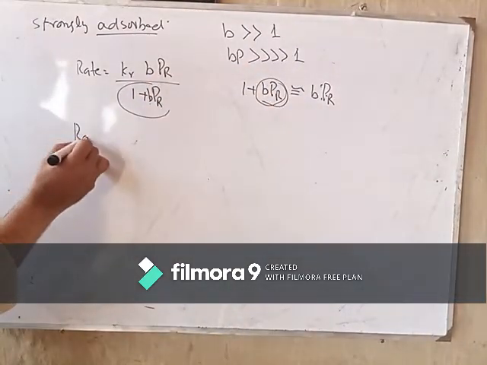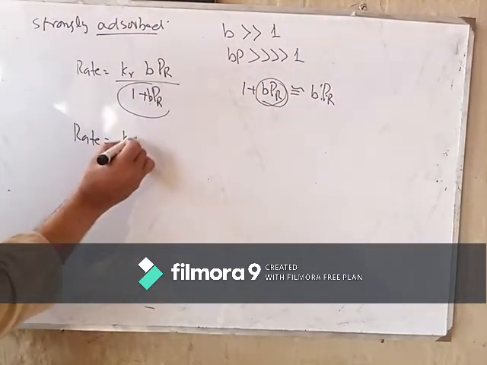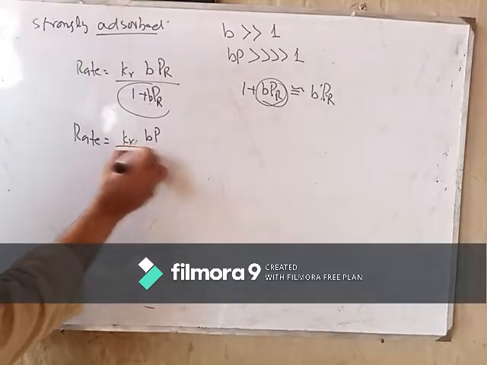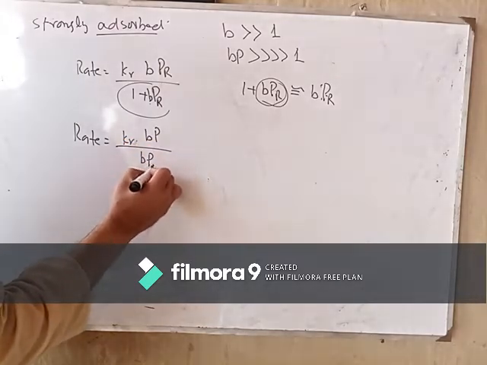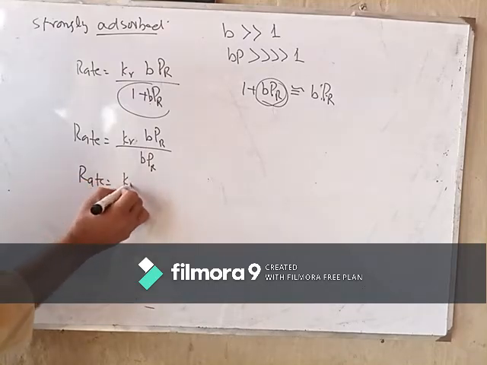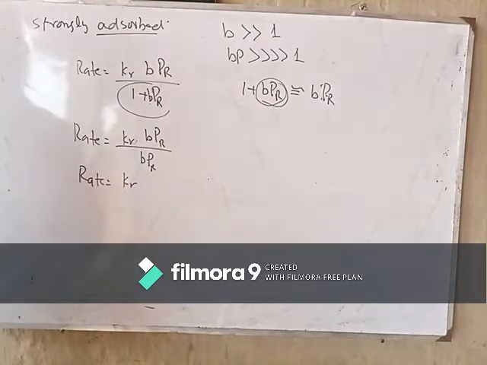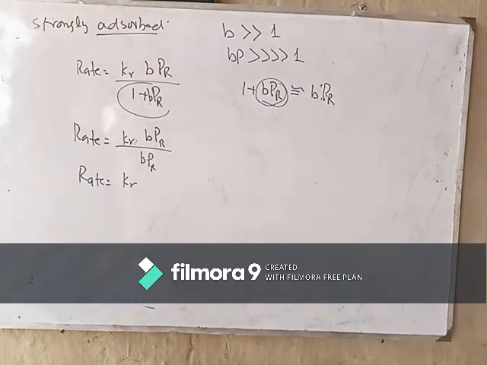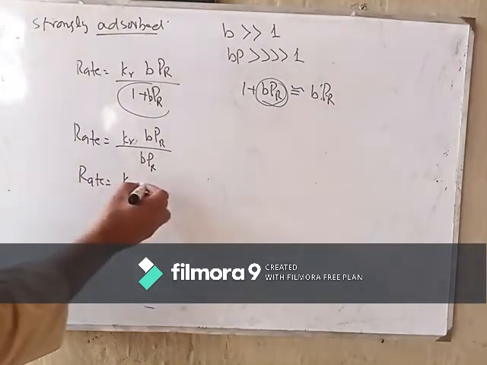So rate is equal to Kr BP and BP. So rate is equal to Kr, that is constant. So rate becomes constant. So it means the reaction is zero order.